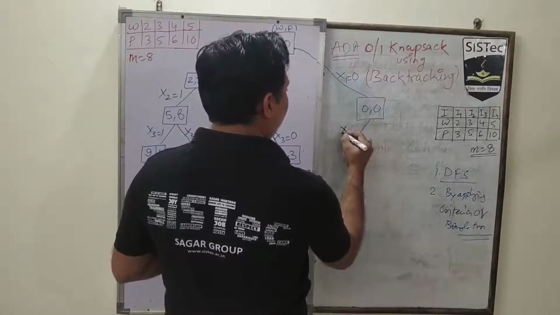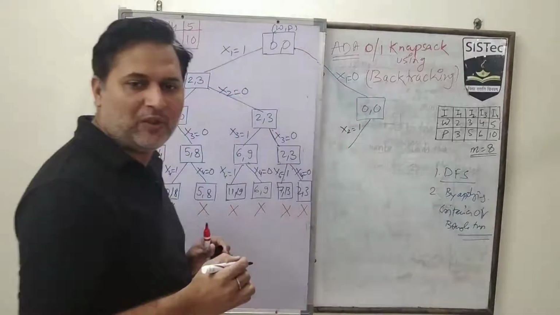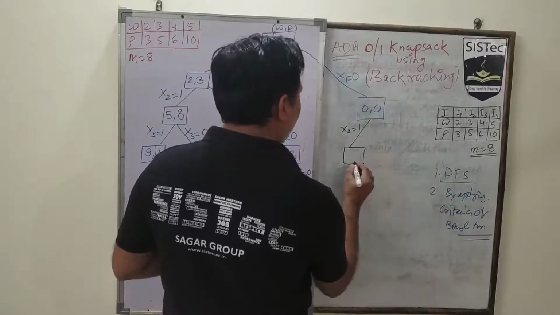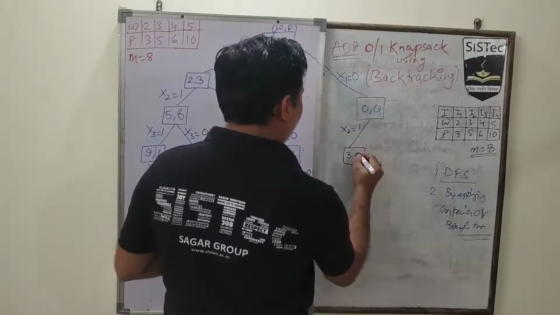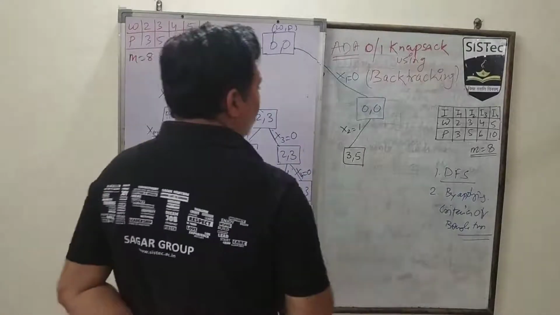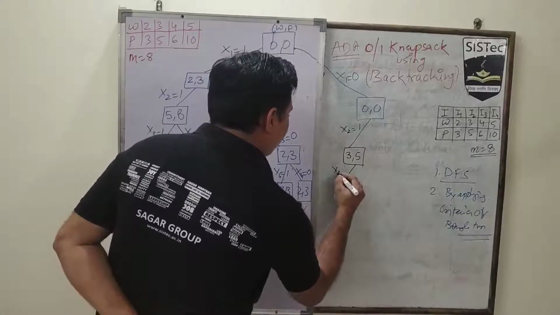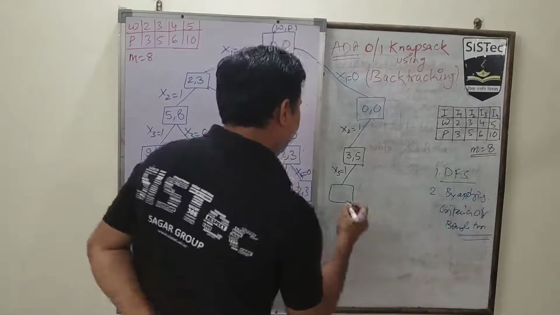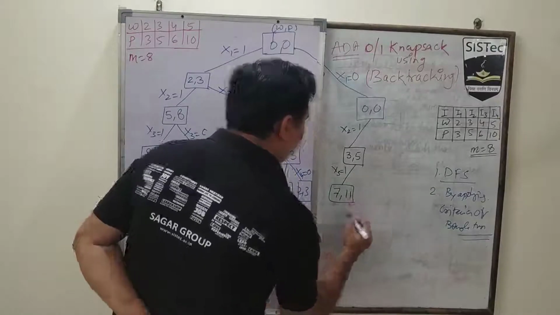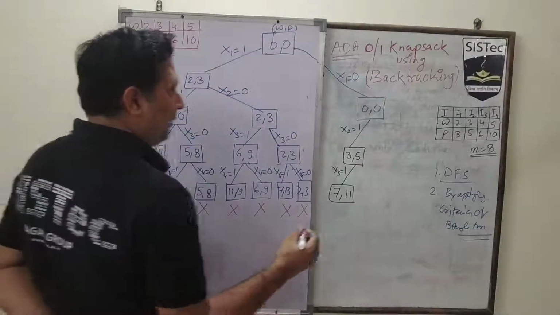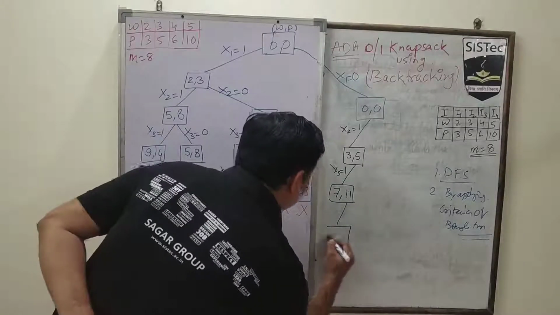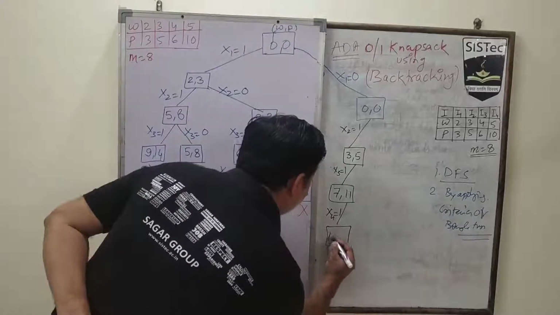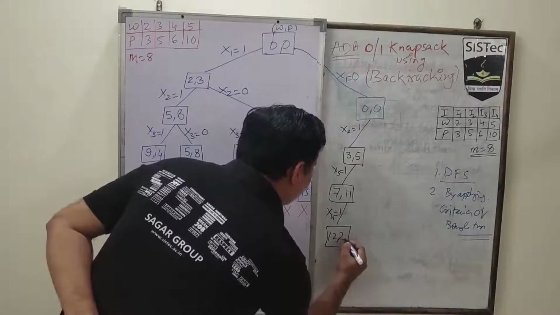When we consider the second weight, you can see the weight value is 3 and the profit value is 5. After considering the second weight, we will consider the third weight. When we consider the third weight, it is 4, 7, 11. Again, capacity is left, so we will consider the fourth one. When we consider the fourth one, the weight value is 12 and the profit value is 21.